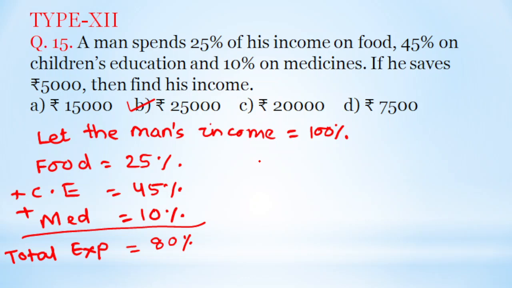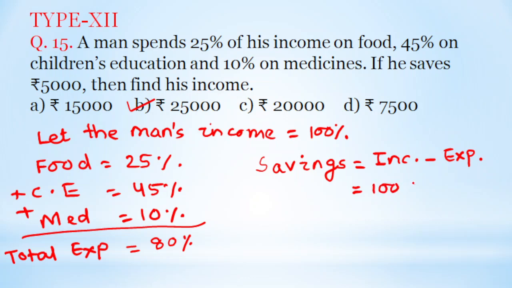Now savings is equal to income minus expenditure. That is equal to 100% minus 80%. So that is equal to 20%.